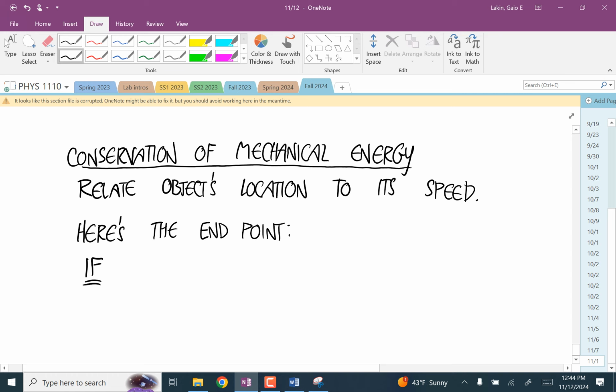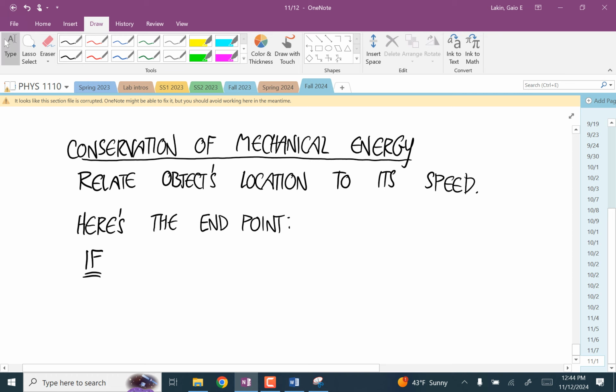So here is what's required for this to hold.